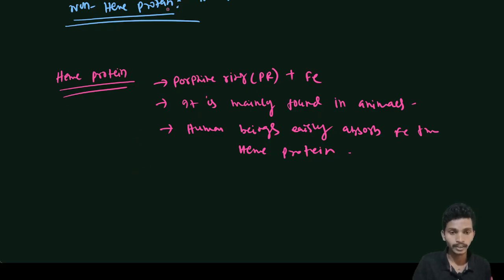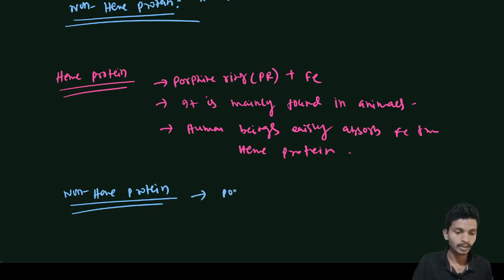So this is about heme proteins. Whenever we talk about non-heme proteins, there will be no porphyrin ring, meaning the porphyrin ring is not present for non-heme proteins.